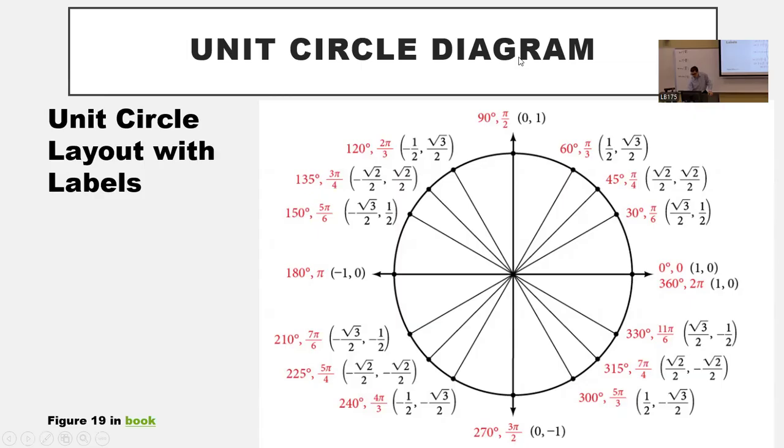So what I'm looking for is a y value that is root 3 over 2. That's this one right here. You see that? That comes from the angle in radians, which is pi over 3, or in degrees, which is 60. We'll use radians for everything. So the inverse sine of root 3 over 2 is the angle pi over 3. Are you okay with that?